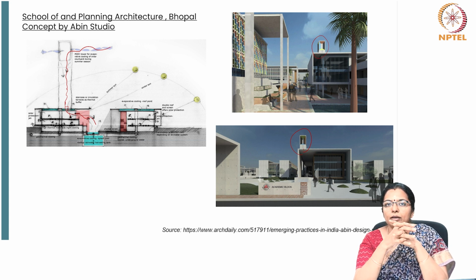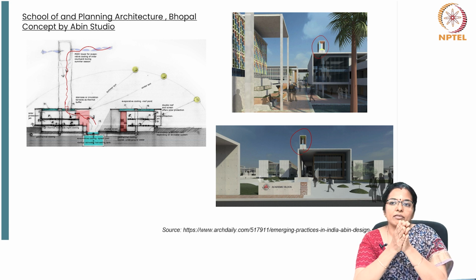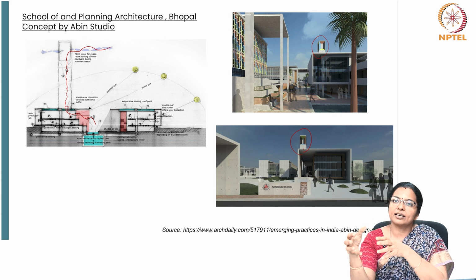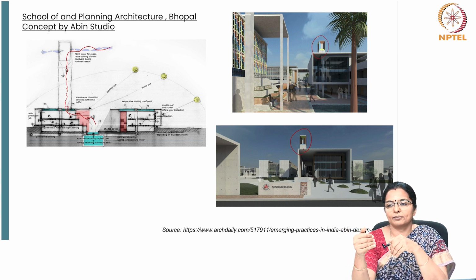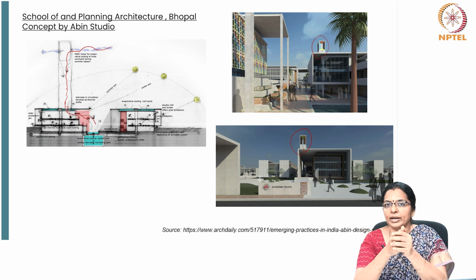So, in today's class, a very simple technique which is direct evaporative cooling. We also saw the various forms in which this concept can get translated in architecture to cool indoor air. This technique is primarily suitable for hot and dry climate and is not really suitable for humid climate.